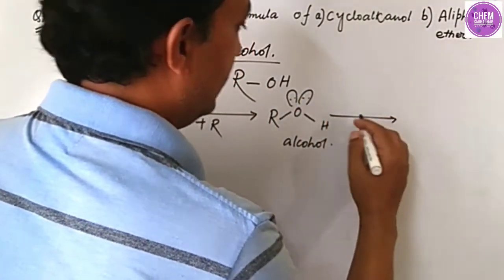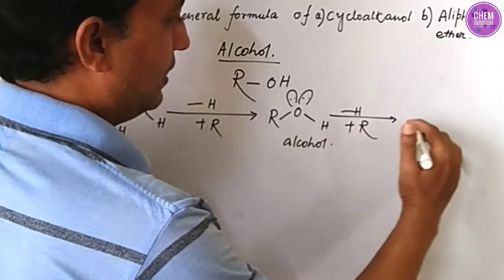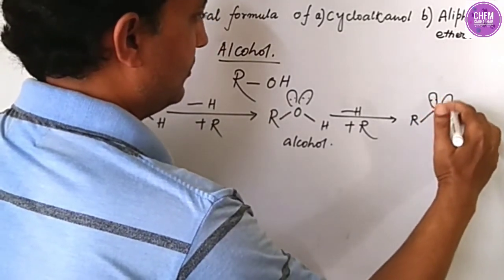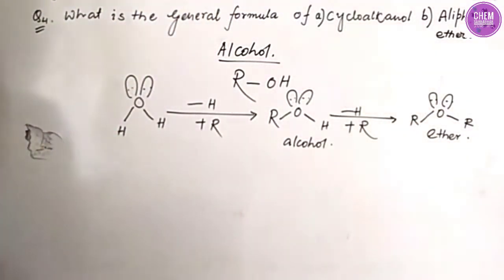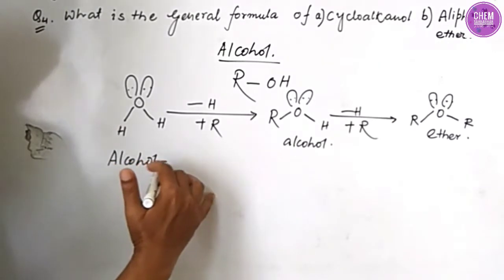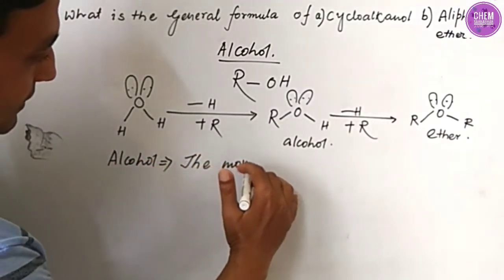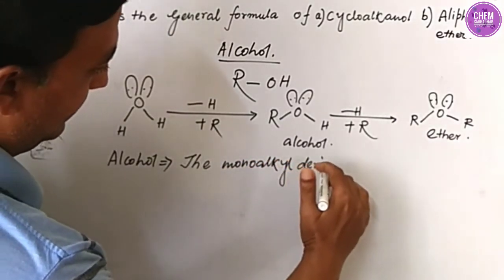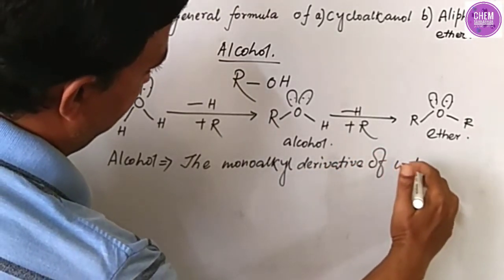Again, if another hydrogen of alcohol is replaced by another alkyl group, we get ether. Hence, alcohol can be defined as the monoalkyl derivative of water.